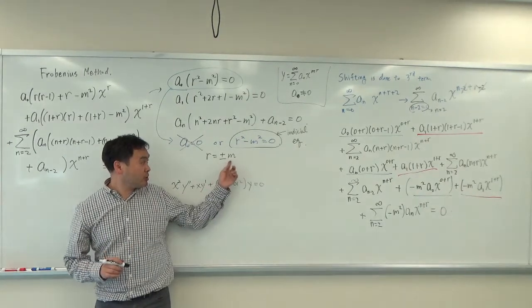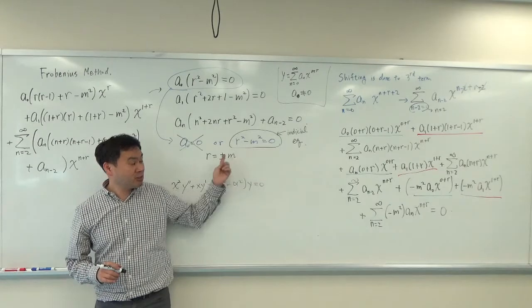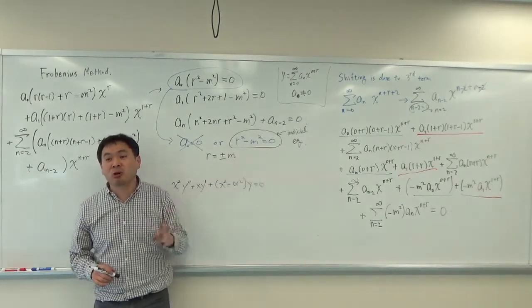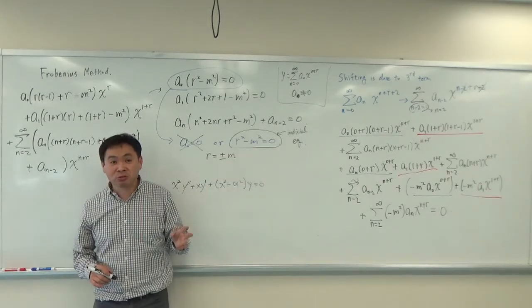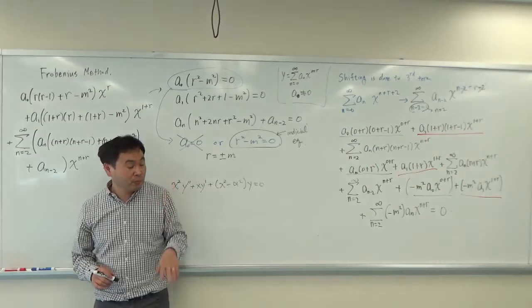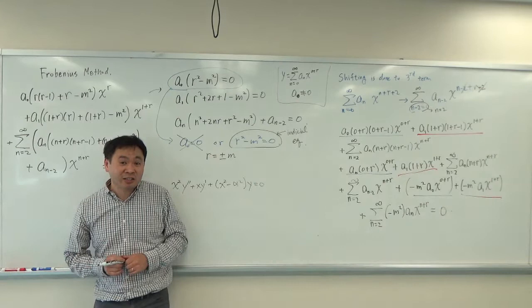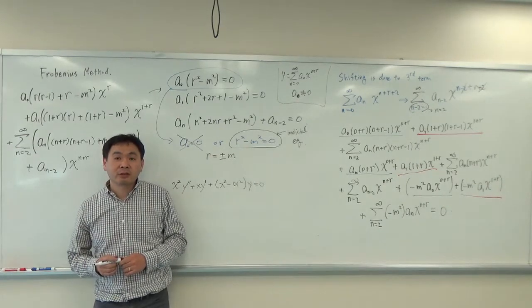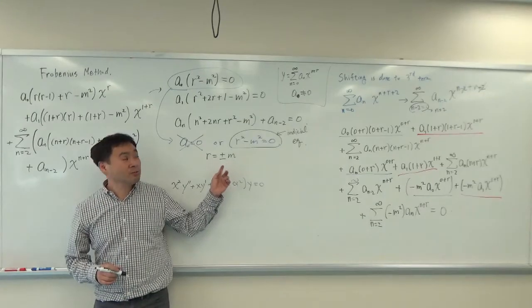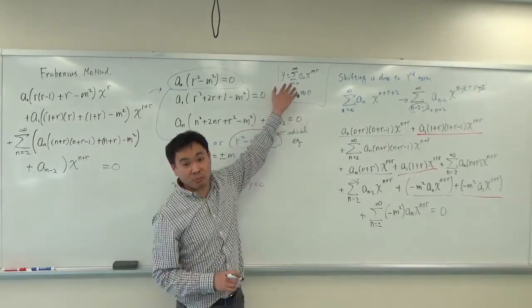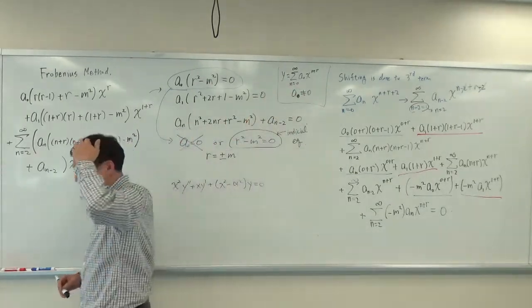Now, the initial equation will always be a quadratic equation, so you're always going to find two solutions. If the two solutions differ by a non-integer, then each one of these will give you a solution of the Frobenius type. Okay, that'll be nice.